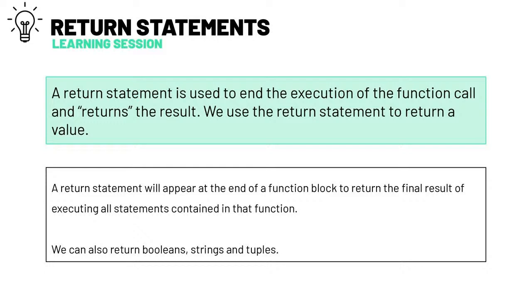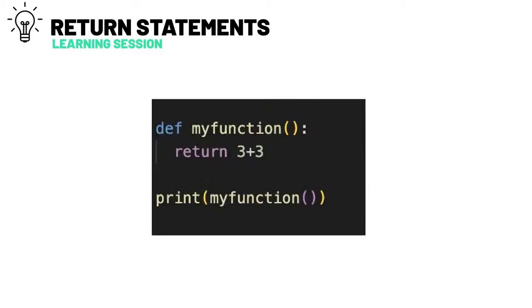Could we go on to the next slide, please, Anna? Okay, so we're going to do this one together. What do we think is happening here in this little snippet that we have? We've got define my function, return 3 plus 3, and we're going to say print my function.